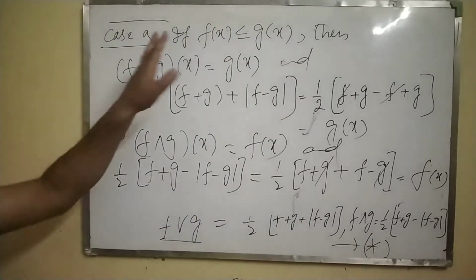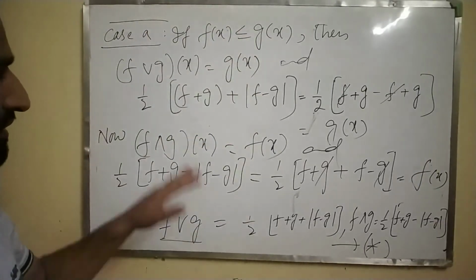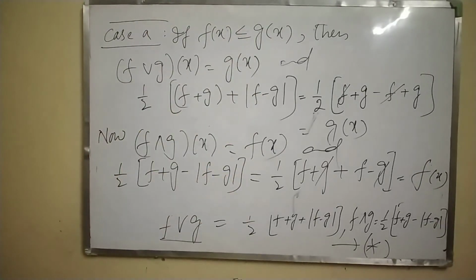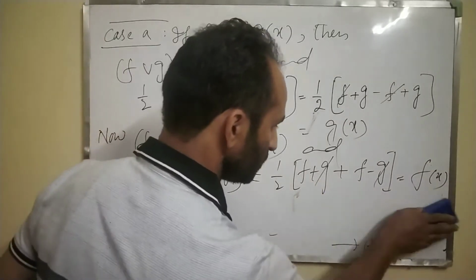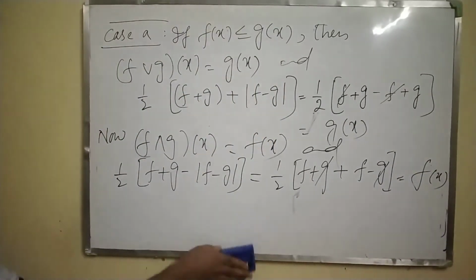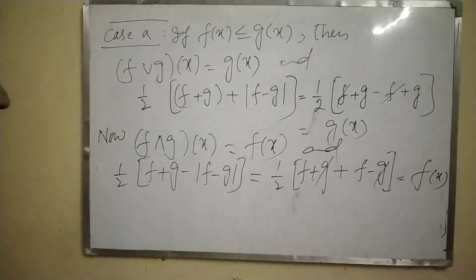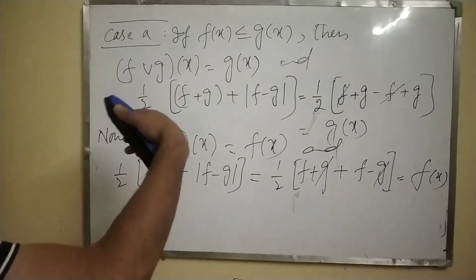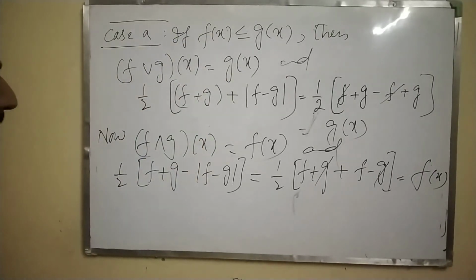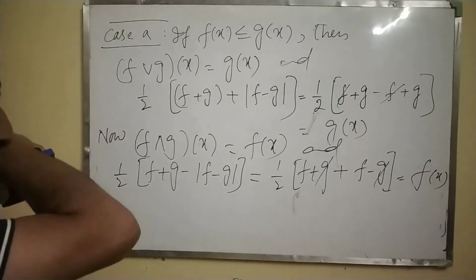So therefore if f(x) less or equal to g(x), these two equations hold. Similarly, if f(x) greater or equal to g(x), you can easily verify that these two equations hold. So both the equations hold. The second case you can do yourself: Case B, when f(x) is greater or equal to g(x). You can do this in a similar way.